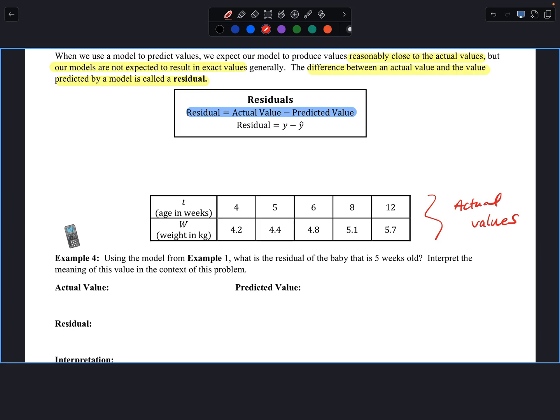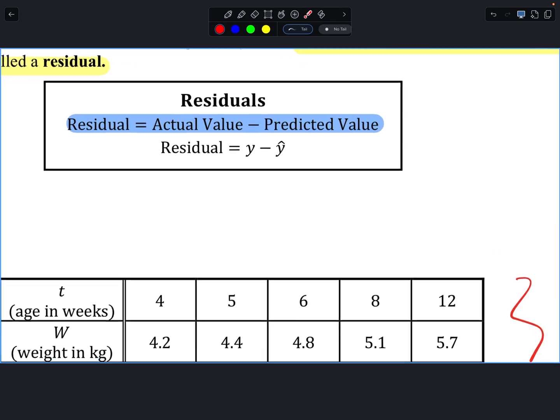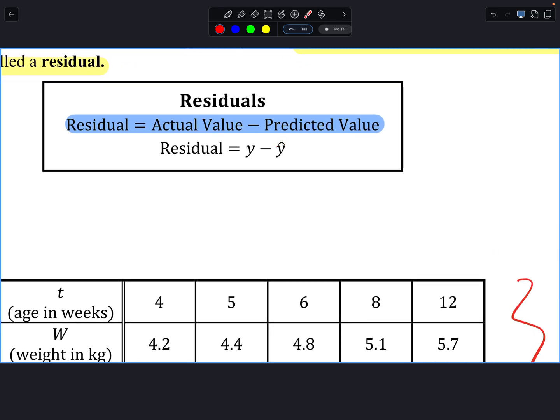The model that we came up with is the predicted value. Okay? So the residual, another way you could write it is y minus this notation right here. Do you guys see the little caret? In mathematics, this has a funny name. You guys ready? It's called y hat because it looks like it has a little hat.